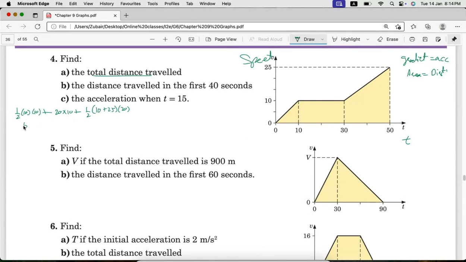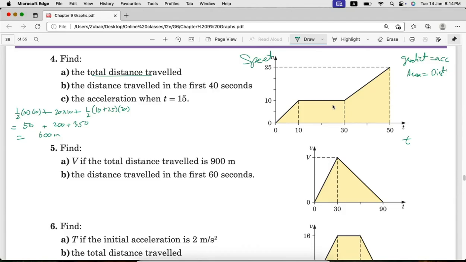Yes, I did the last one wrong. 25 plus 10 is 35 into 20 by 2 is 350. So 350, 400, 600 meters. Is this clear?